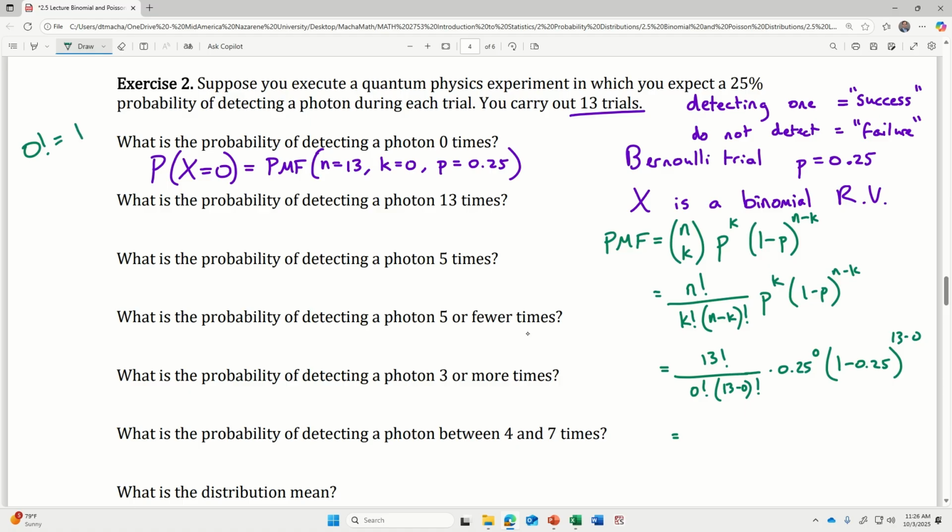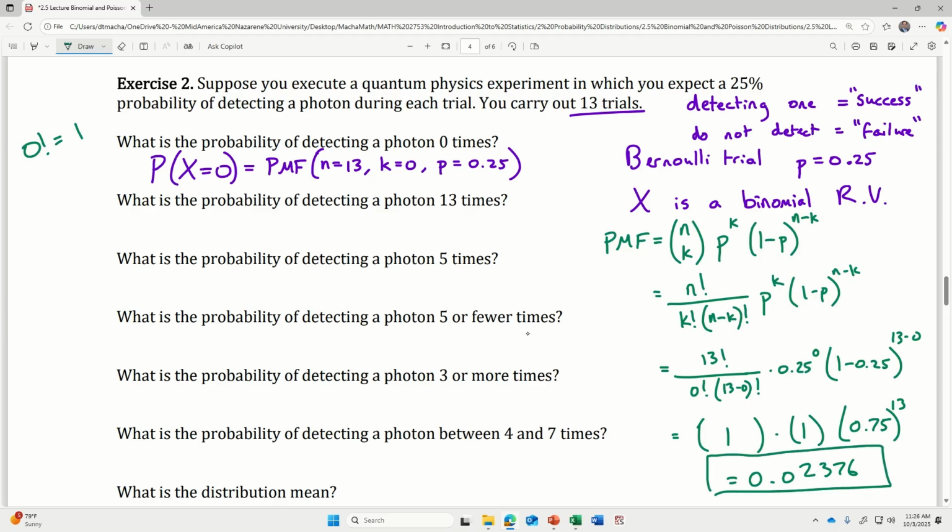That's just 1, times 0.25 raised to the 0 power, that's just 1. 1 minus 0.25 is 0.75, and we're raising that to the power 13. 0.75 raised to the power 13 is 0.02376, somewhere around that number. It's like a 2% probability. And that's the answer to this question.